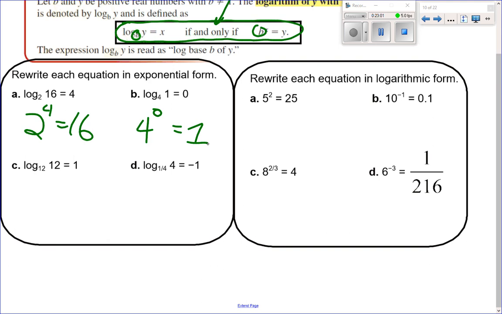Take 15 seconds. Convert C and D from logarithmic form into exponential form.